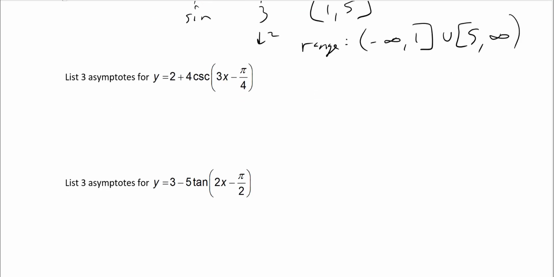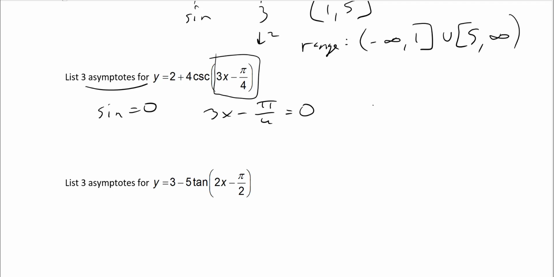And a couple more here. List 3 asymptotes. Remember, when you're looking for an asymptote, you're basically asking where is cosecant undefined, or in this case, where is sine equal to 0. That's the easiest way. Where this is equal to 0, cosecant is undefined. So let's do that. 3x minus pi over 4 equals, well, where's sine 0?